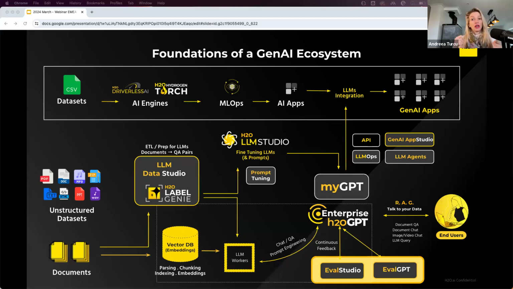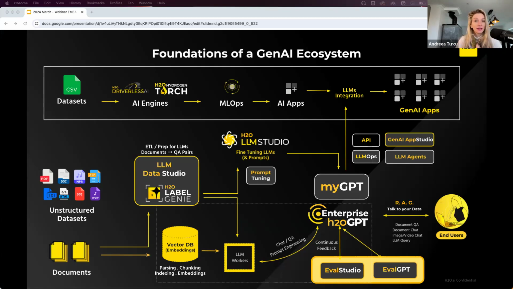Eval Studio offers a more extensive set of features and capabilities, including evaluation of both LLMs and RAGs, and a wider range of evaluation criteria, while EvalGPT is actually focusing on only evaluating LLMs.